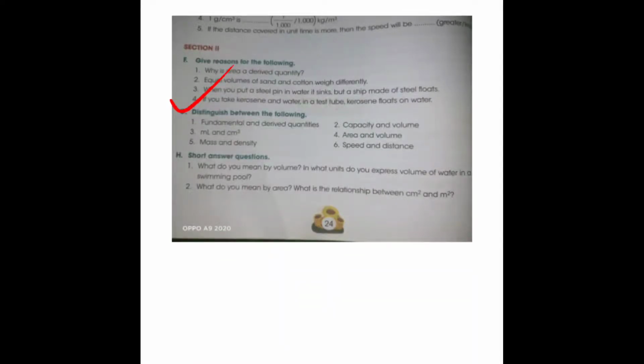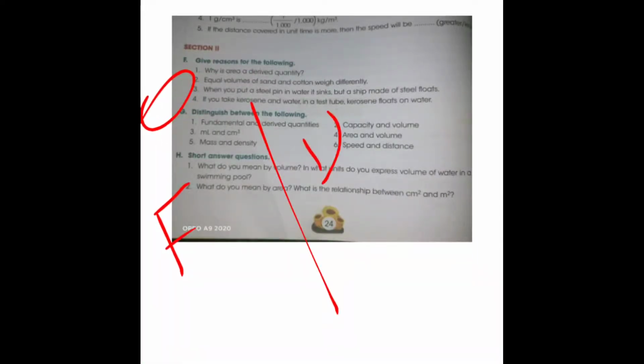Okay, next we have fundamental unit and derived unit. Differentiate between these quantities, right? In the left side you write fundamental, right side you will write derived unit. In the fundamental, first point you will write its definition. Fundamental quantities are those quantities which don't depend on other quantities.